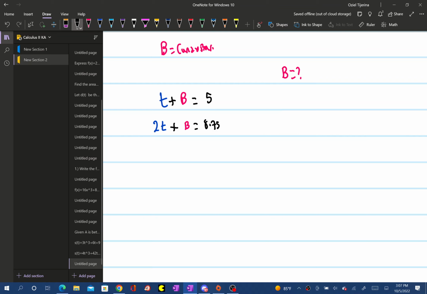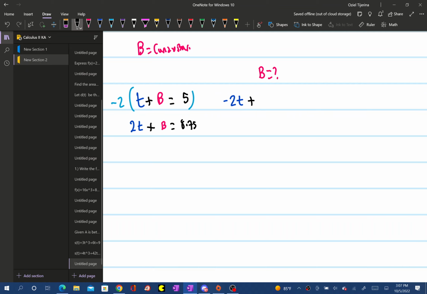So if I multiply the top by negative 2, I get negative 2T minus 2B equals negative 10.